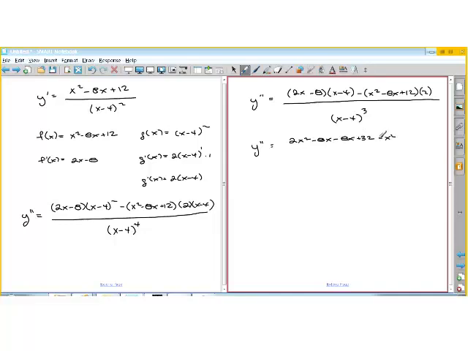And then we'll get negative x squared plus 8x minus 12, all divided by x minus 4 cubed. And 2x squared minus x squared is just x squared. We have negative 16 plus 8, which is just negative 8. And then we have 32 minus 12, which is 20. All divided by x minus 4 cubed. So that's the second derivative.